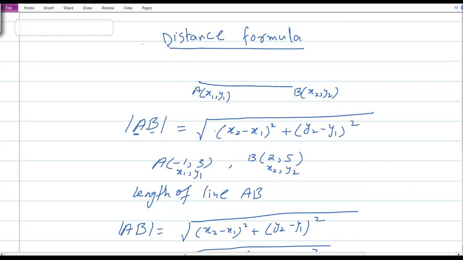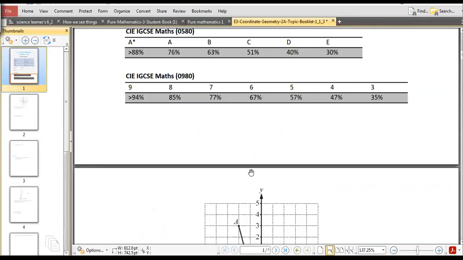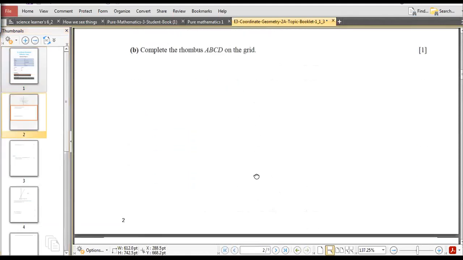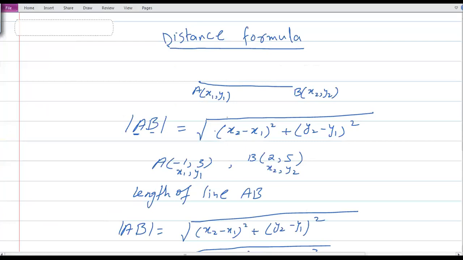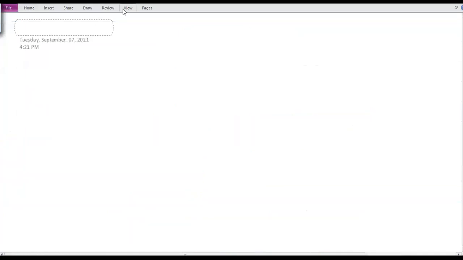Now next is the equation of a line. The general form of the equation of a line is y is equal to mx plus c.